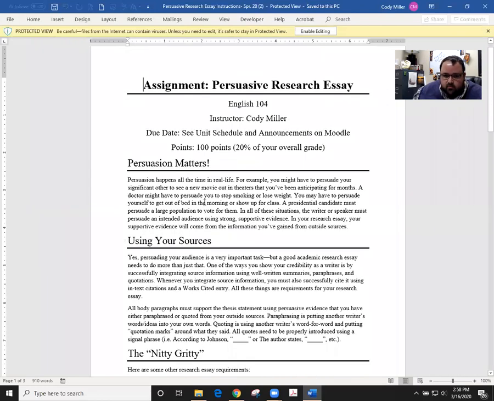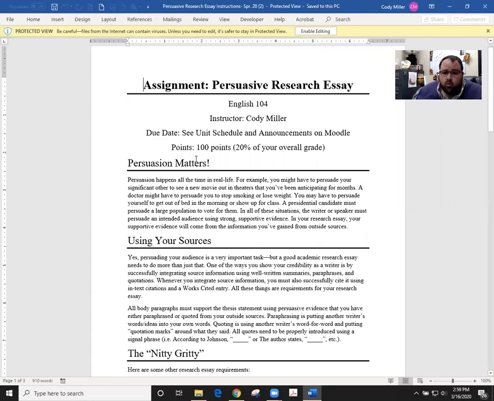So what is this paper all about? Well, it's about taking the topic that you have developed in the first part of the semester in that research proposal area and pushing it to the next level. It's taking that idea along with your research that you've done in the annotated bibliography unit, and then combining them together into a persuasive research essay and argument.